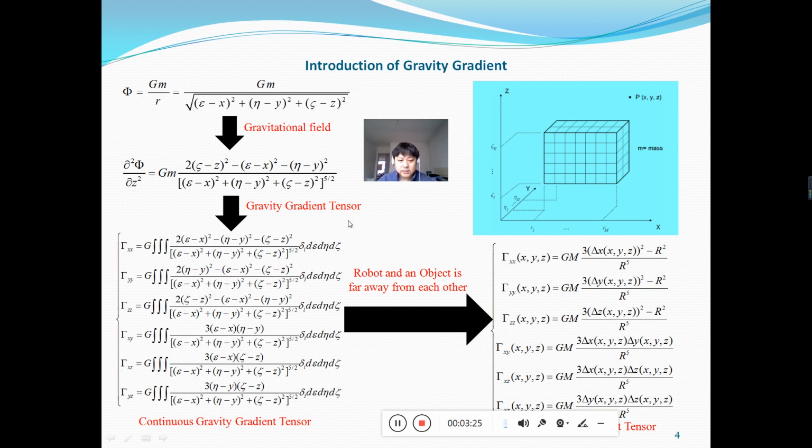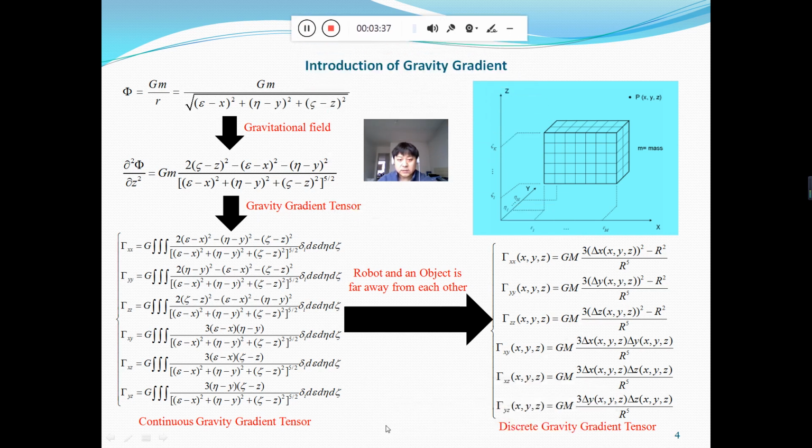It means that the object can cause a gravity gradient anomaly on the mobile robot. If there is a close distance between the mobile robot and the object, we can use this continuous gravity gradient tensor to represent the gravity gradient anomaly caused by the object.